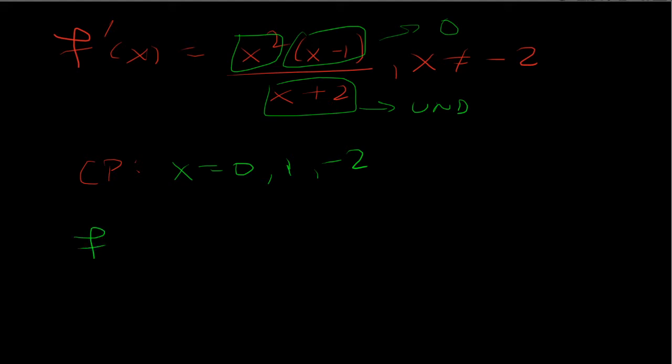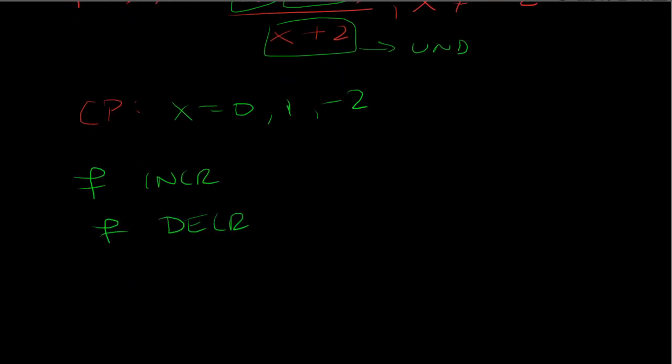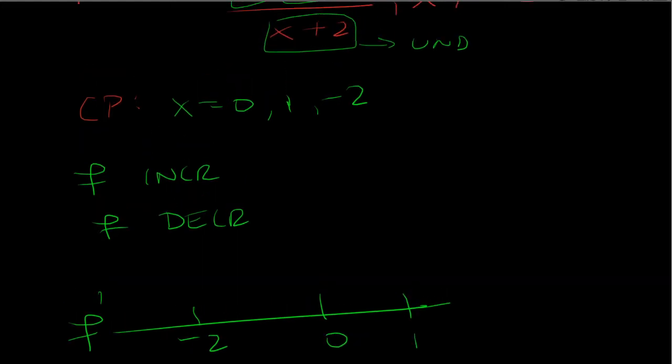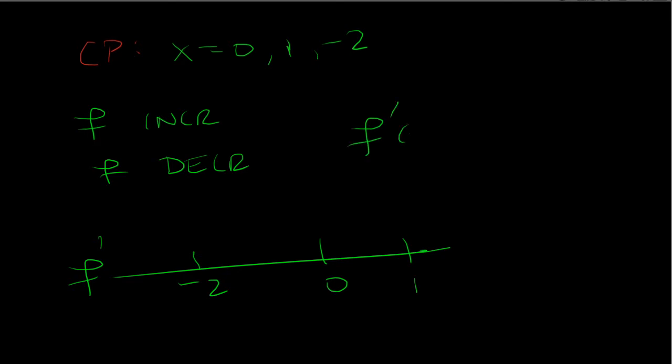Now, when is f increasing, when is f decreasing? Well, let's look at the number line test, the first derivative test. Here we can just rewrite the derivative. We know that x squared is always greater than or equal to 0.